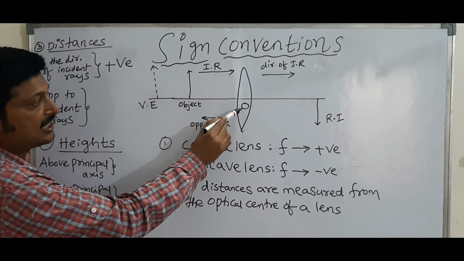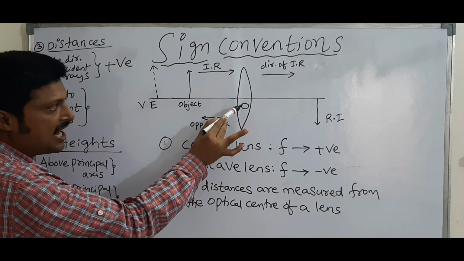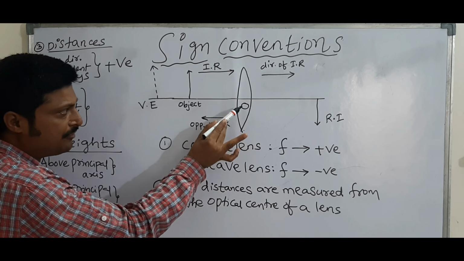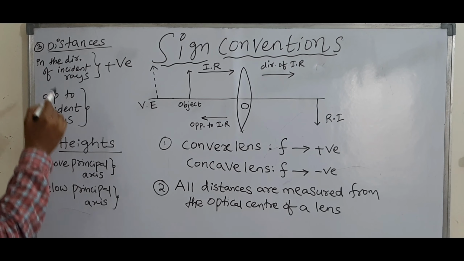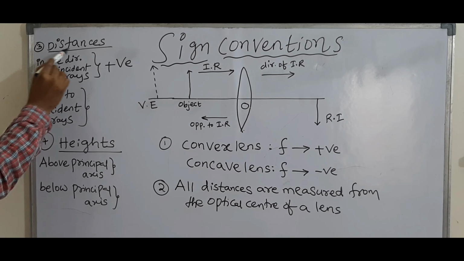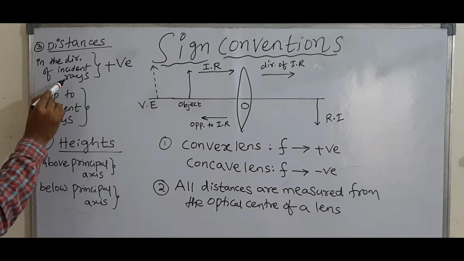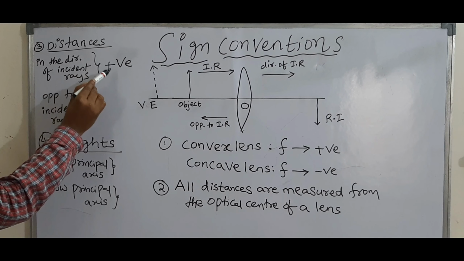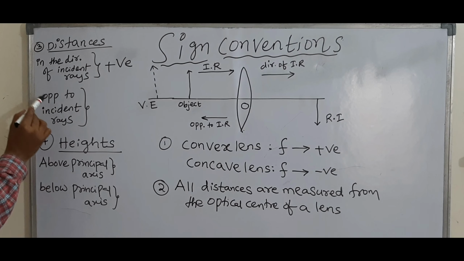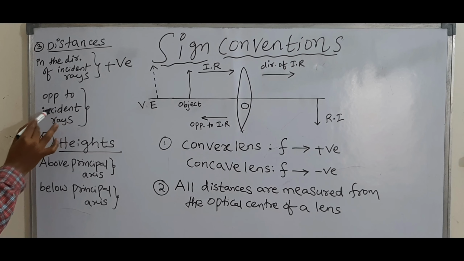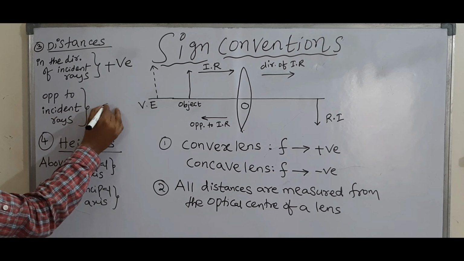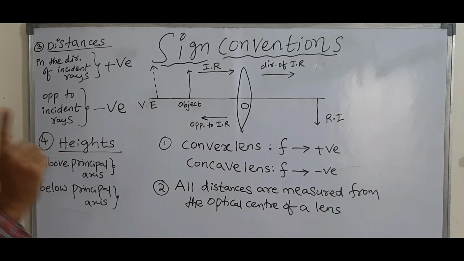Next, second rule is all distances are measured from optical center of lens. See here, this is optical center. Next, third rule: distances measured in the direction of incident rays are taken as positive. Distances measured opposite to direction of incident rays are taken as negative.